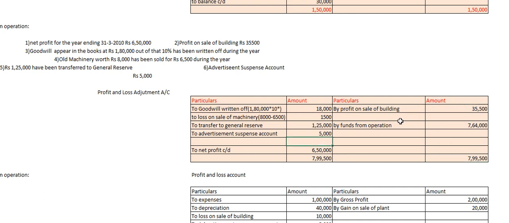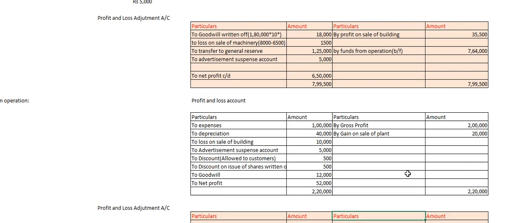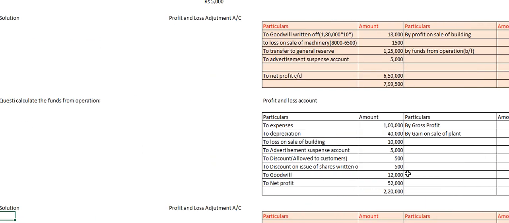So your funds from operation is a balancing figure. Moving on to the next question.